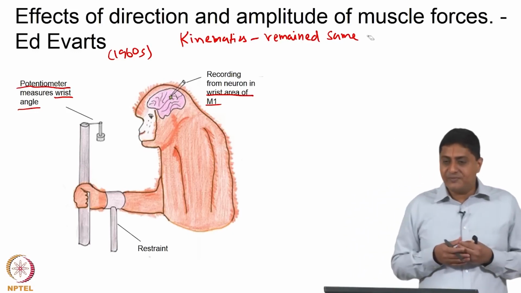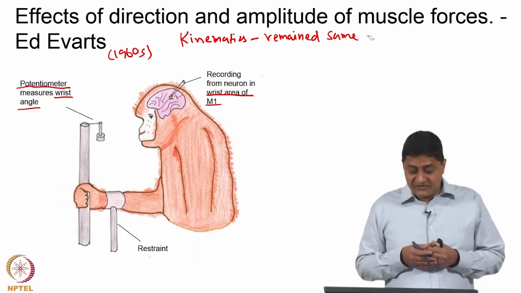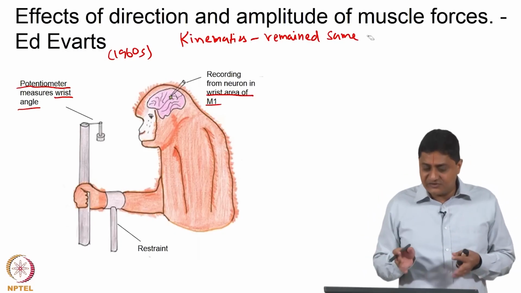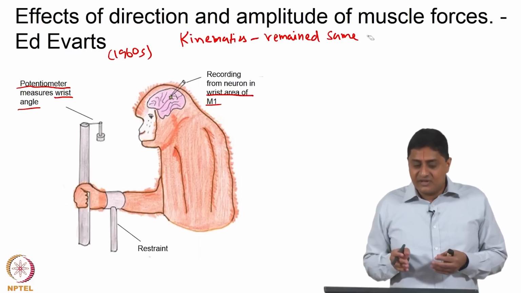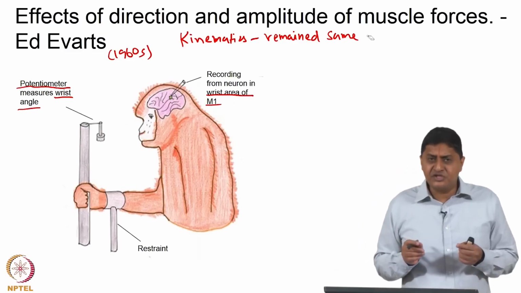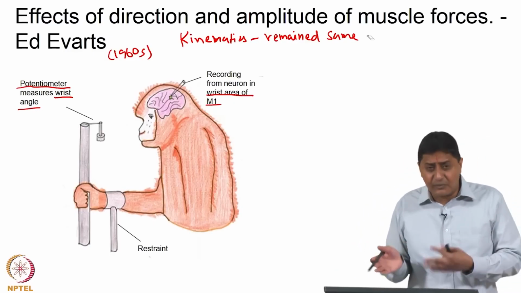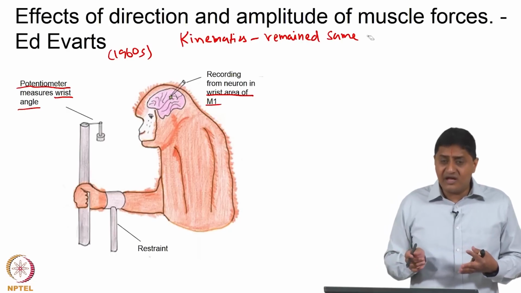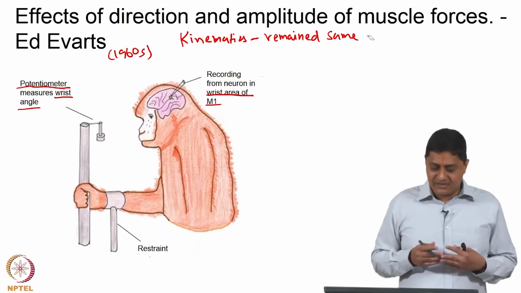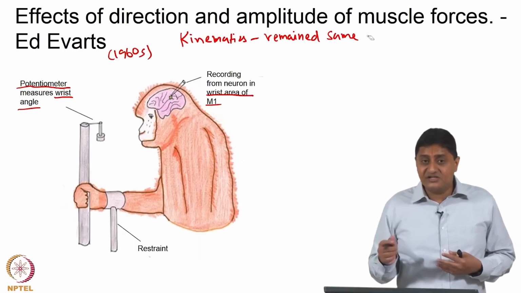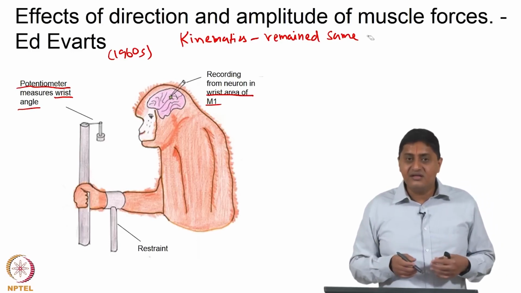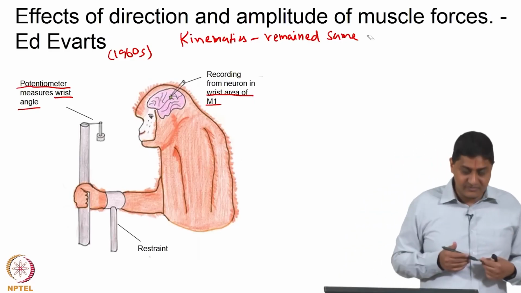An expectation would be that if the system does not care what the outcome is, it only cares for the kinematics, if it does not care about the actual environmental situation, whether it is opposing or supporting the flexion, then you should have practically the same activity in both cases, right, because the joint angle that is being moved is still the same, the kinematics is still the same. So, you should have the same activity is the expectation. What was found, that is the question.